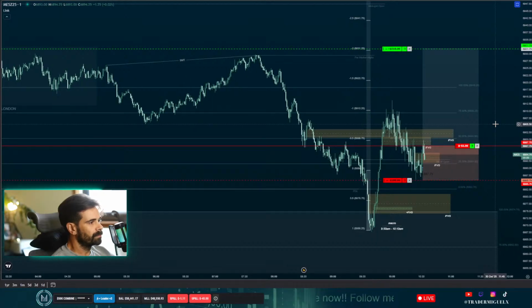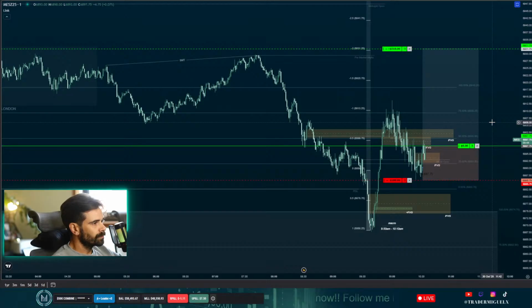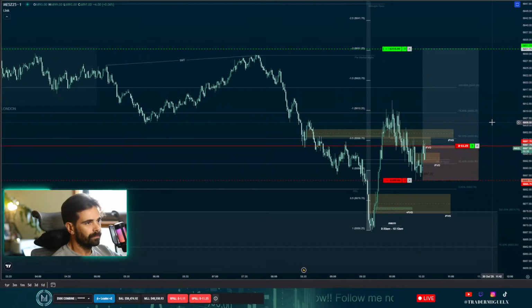Let's see if we have a closure above those two downside candles.